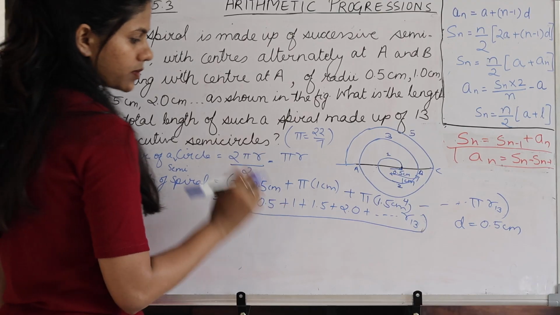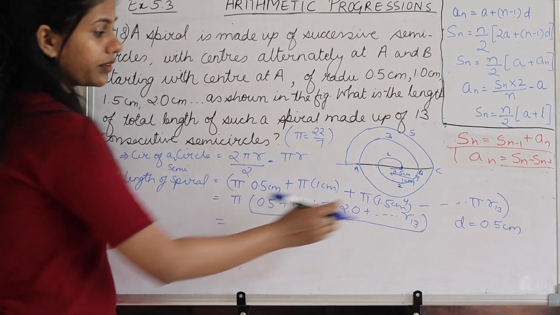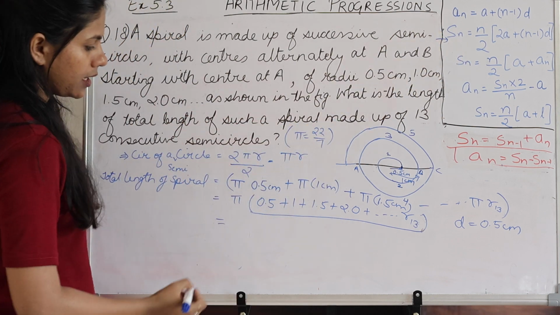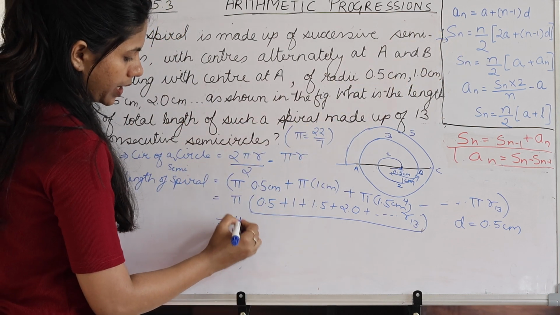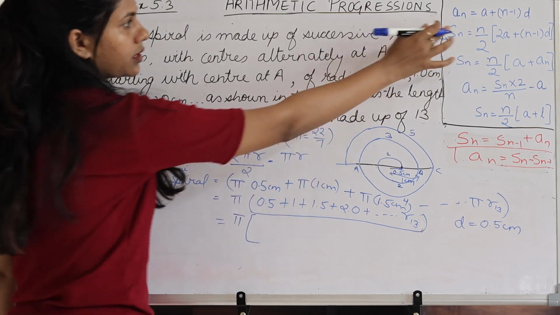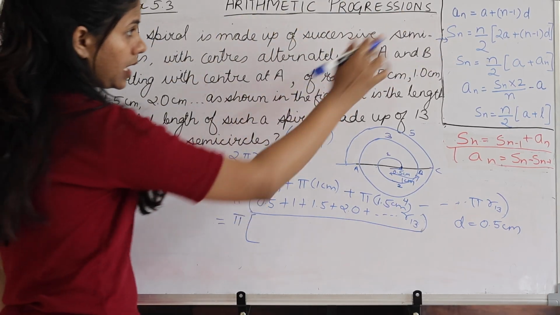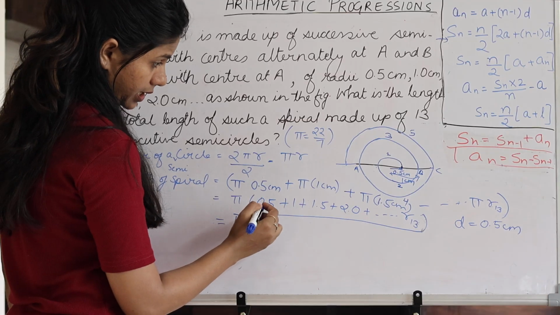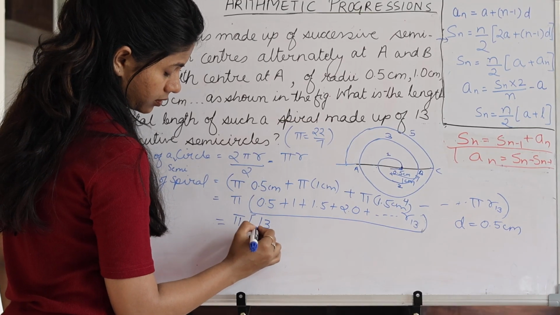When it forms an AP, how can we solve it? If we don't know the last term, we can use this formula. So pi times n by 2. What is n here? 13.